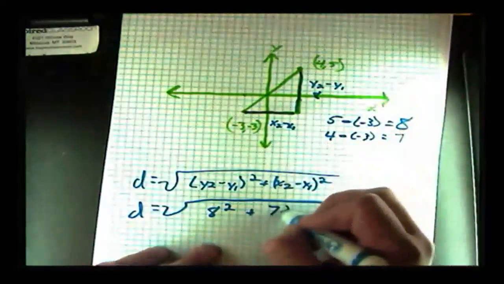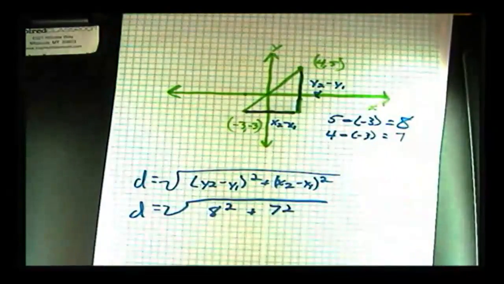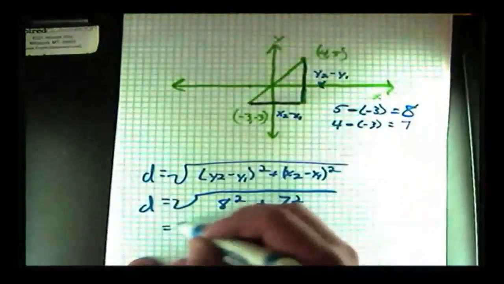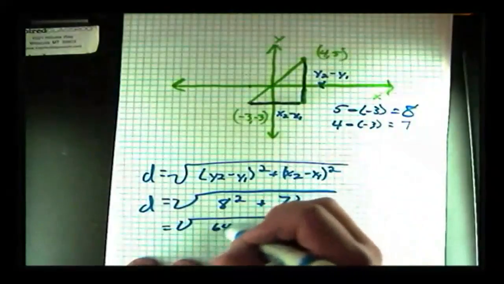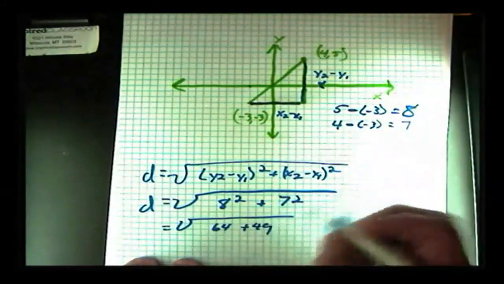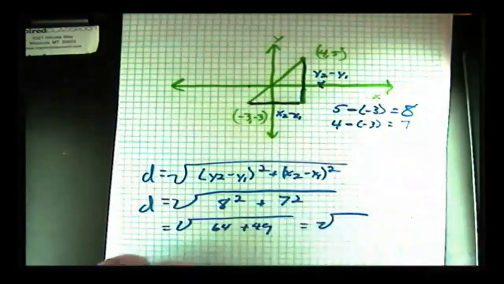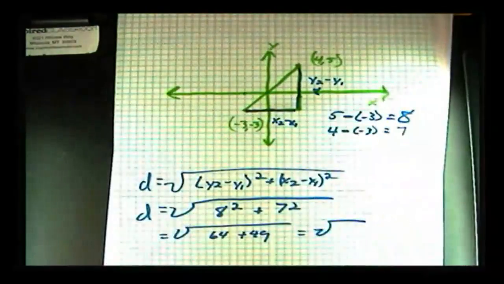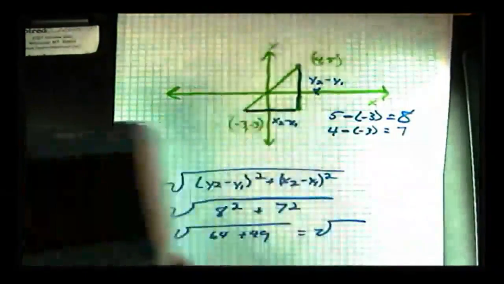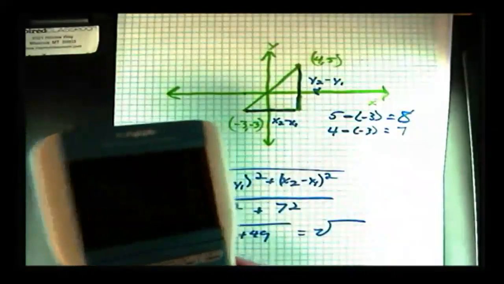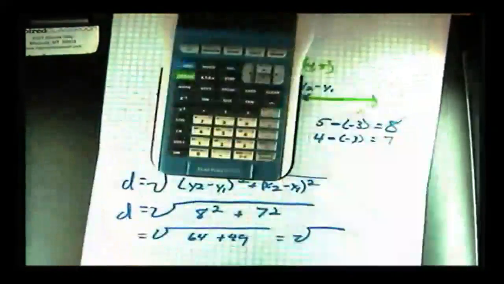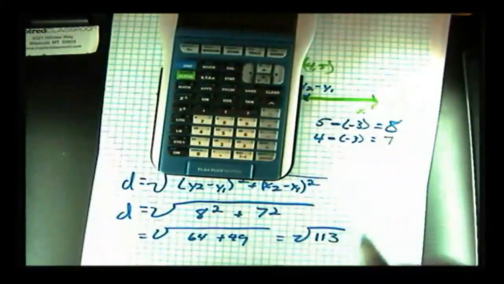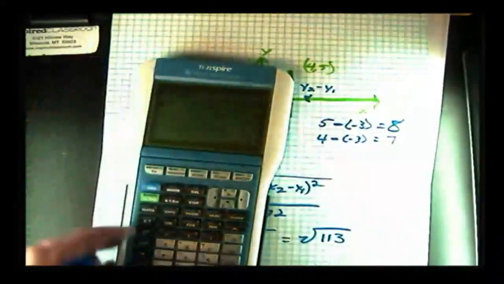So I have a 7 squared right there. This is equal to 64 plus 49, which is equal to 113. And I would actually stop right there. You can take the square root of this number if you have to.